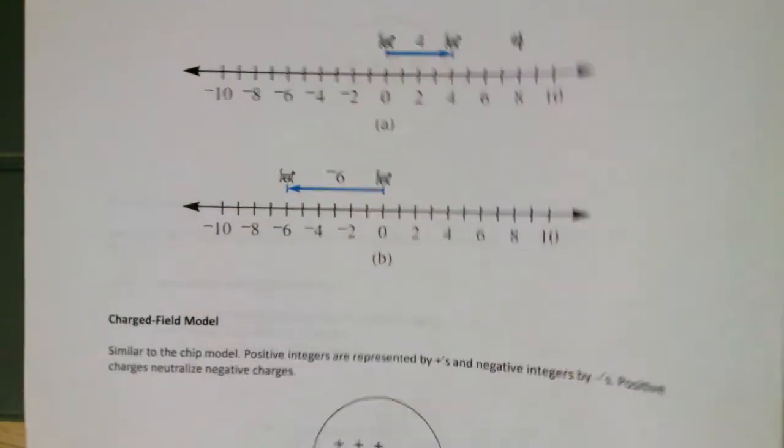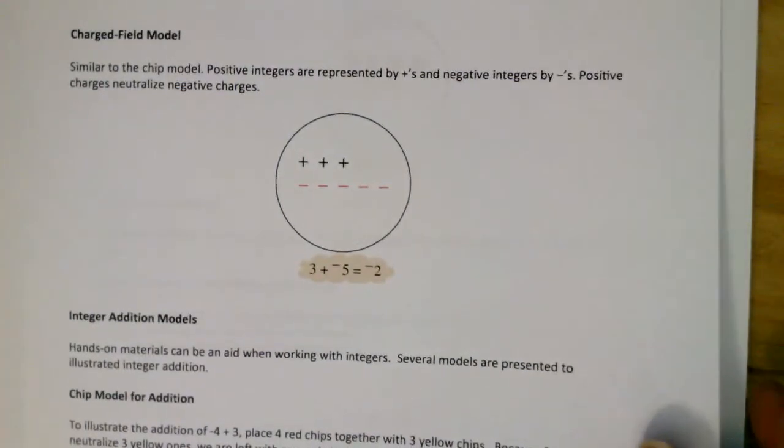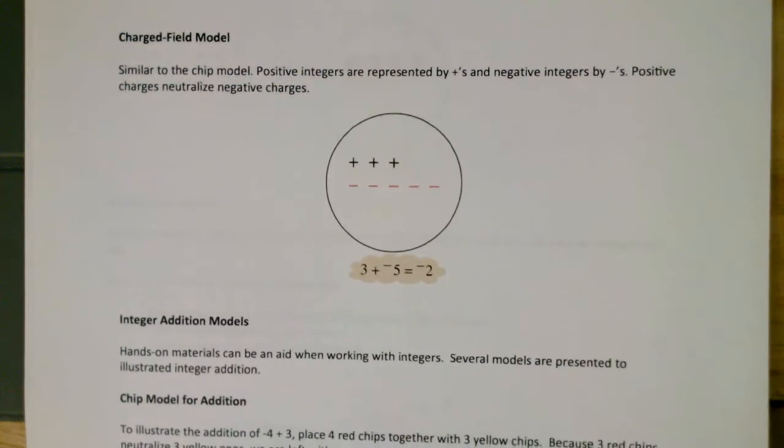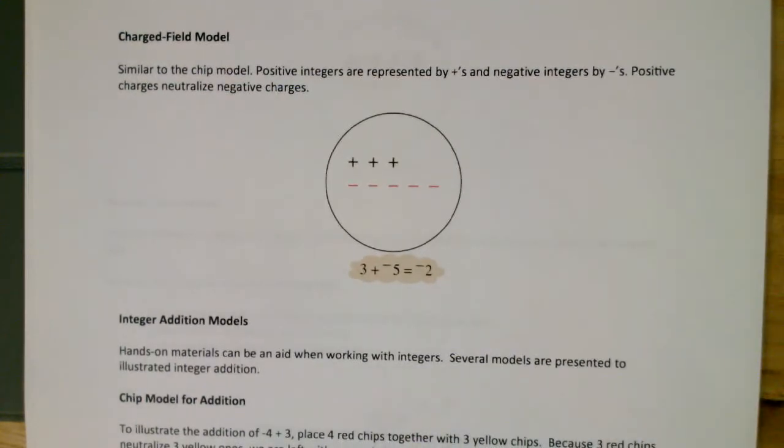All right, now there's also the charged field model. Similar to the chip model, to represent positive integers, we use the plus sign, and negative integers are represented by the minus sign or negative sign.